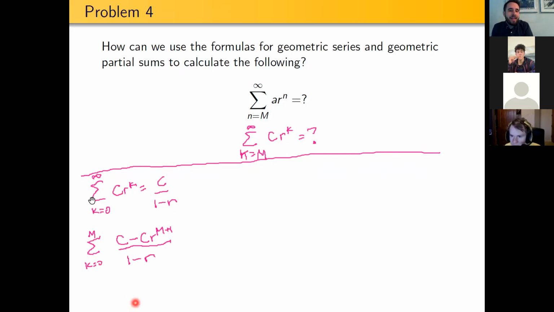In other words, if I'm adding up from the 0th object, infinitely many objects, and this gives me the first m, then to get this expression starting with m and going forward, I just have to take something that looks like this, and I have to subtract something that looks like this.